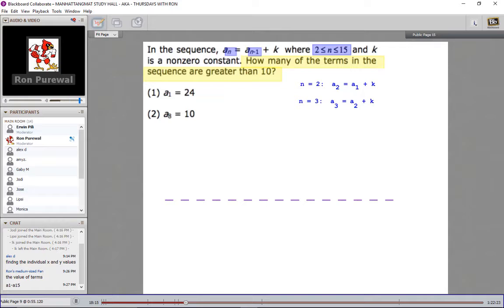Etc. Same sort of pattern all the way until you get to n is 15, in which case the statement is a sub 15 is a sub 14 plus a constant. So you have to have all the terms from A1 all the way through A15. Smiley face if that makes sense.